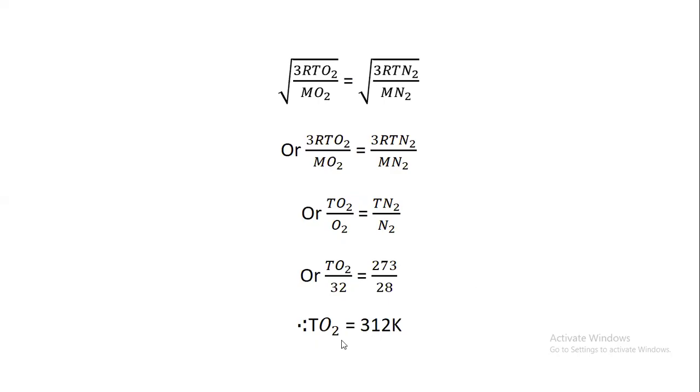Substituting the values, we get T_O2 equals 312 Kelvin. Root mean square velocity is root under 3RT over M.